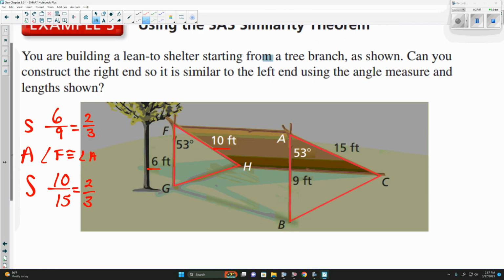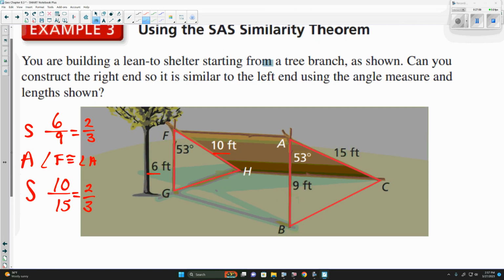So can we say these two triangles are similar? Yeah. So we're building a lean-to shelter starting from a tree branch as shown. Can you construct the right angle so it's similar to the left using the angles and lengths below? Yes. Because the two triangles are similar, so it works.